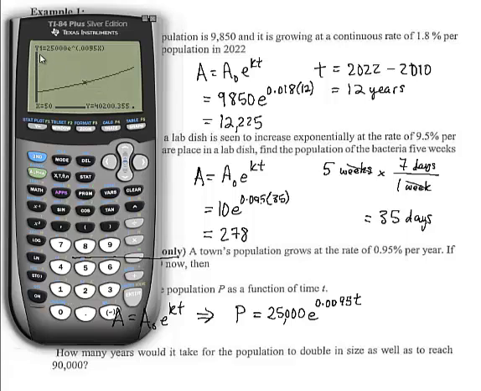Okay, we know from the window that the upper limit of our y-axis is 100,000. So how far does this get us? If we hit trace and we arrow over to the right, we get within 210 of doubling our population.